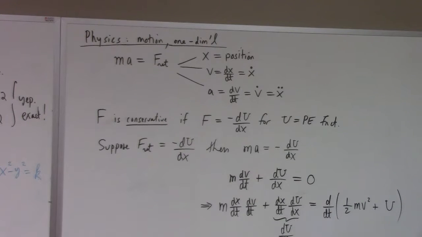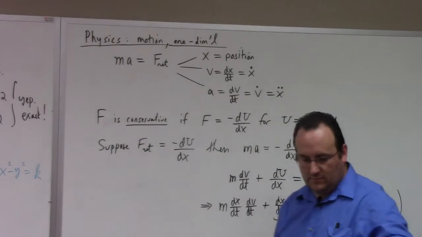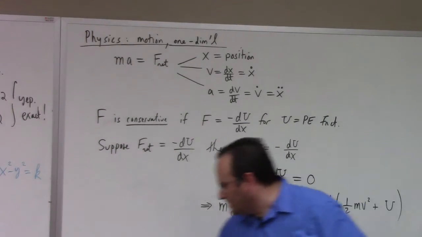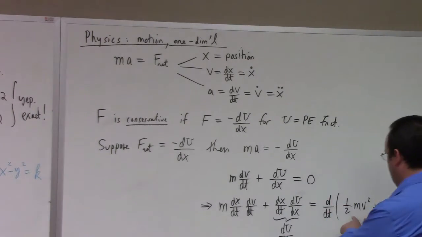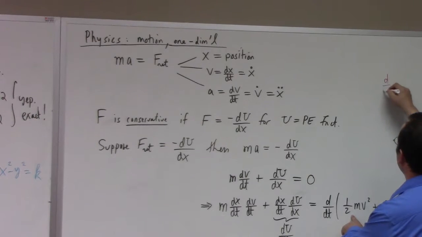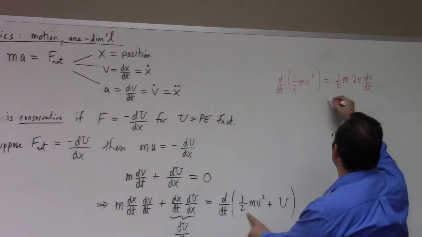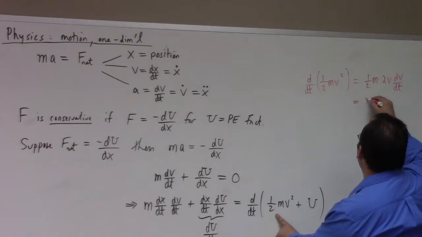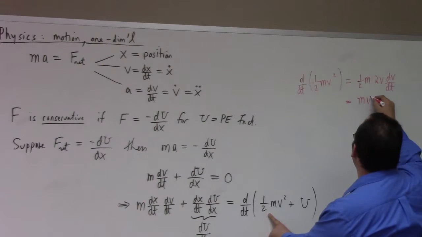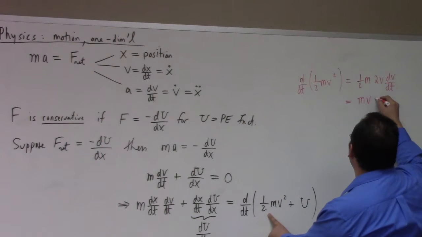And it's a simple exercise of the chain rule again to derive. I mean, here, let me just pick on that for a second. What's d dt of 1/2 m v squared? 1/2, m is constant, right? So we get 2v times dv dt, which is what? The 2's cancel. We get m, we get v, we get dv dt.